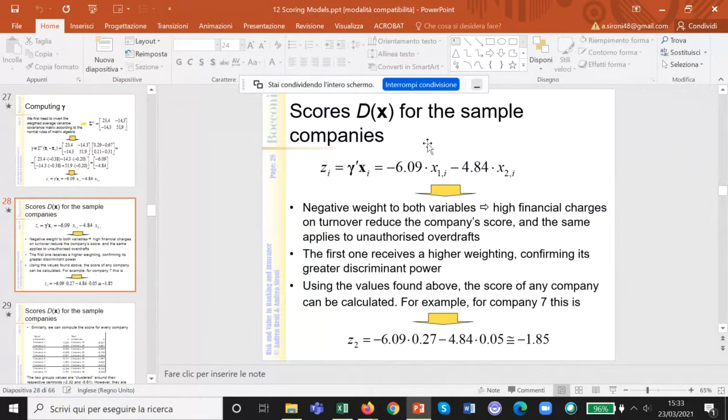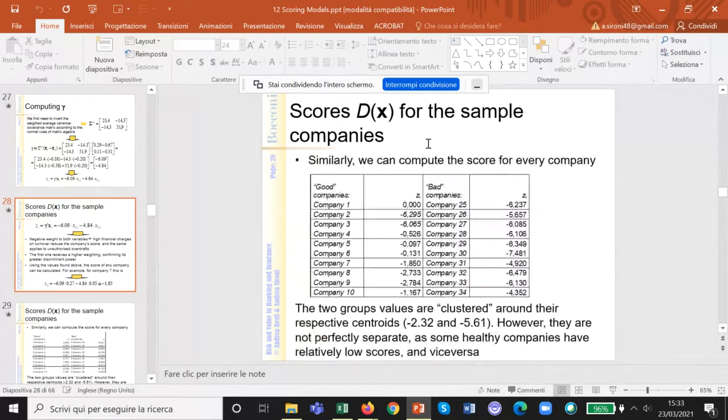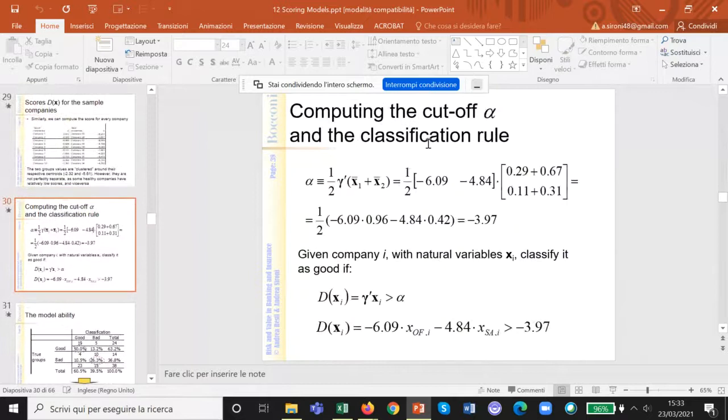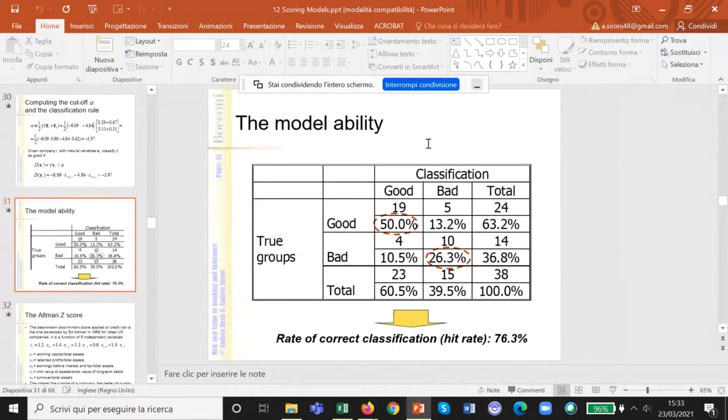In practice, what you do is you use a sample of companies to estimate the scoring model, and then you apply that to other companies for which you want to understand whether they will default in the future or not, okay? So you typically apply that out of sample, okay?